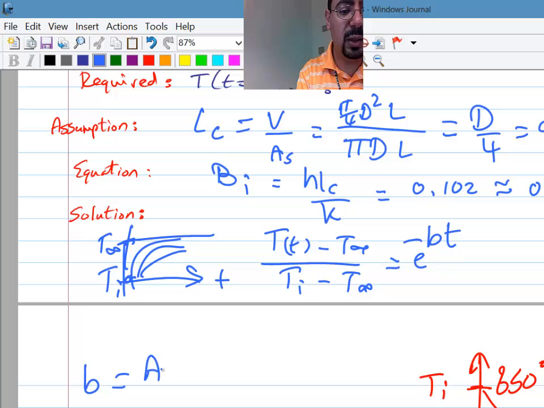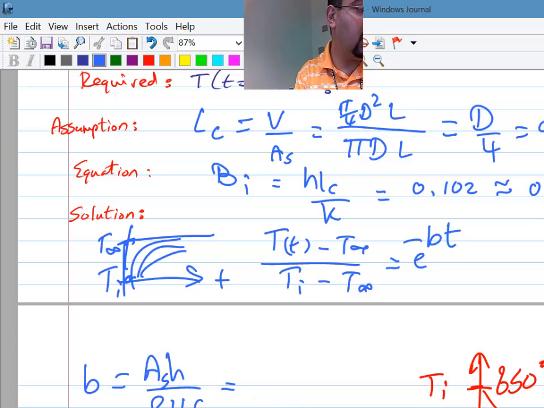So the b was the surface area S times h divided by rho V Cp. Again, the heat transfer from the outside, the storage inside. So b is S h over rho V Cp. So you plug all those numbers.